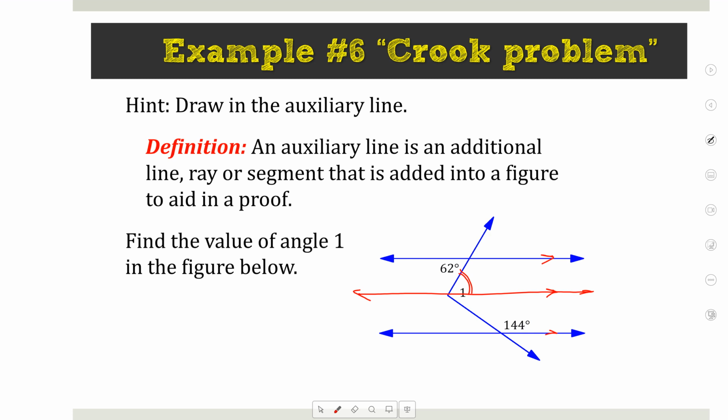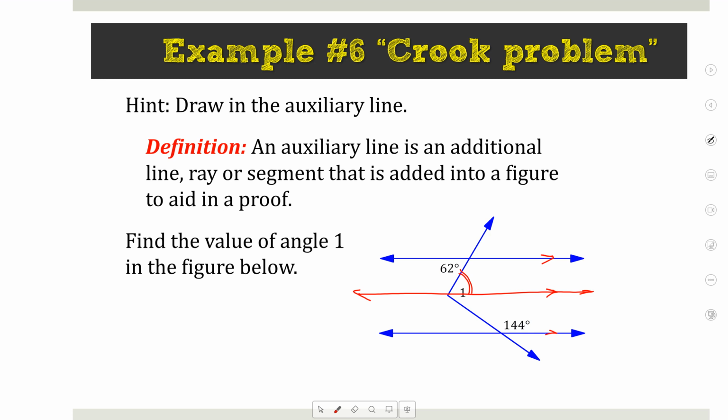Nope. Foster, 118? Nope. It's an acute angle, can't be 118. Eva, 62. Why, Eva?